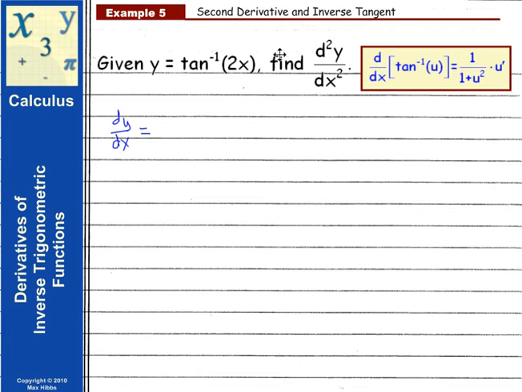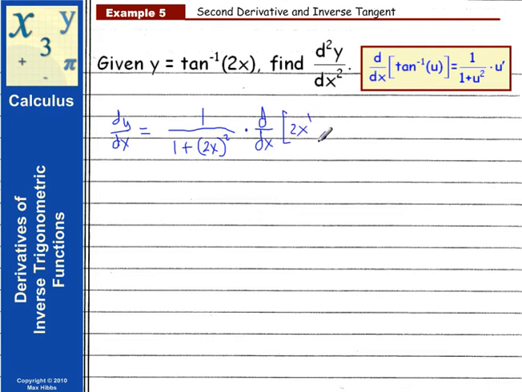So in this case, the u is 2x, so the derivative of the inverse tangent function is going to be a fraction. 1 over 1 plus u squared. 1 plus, of course our u is 2x, so we're going to take 2x and square it down here in the denominator, and then it's times the derivative of our argument, the derivative of that 2x.